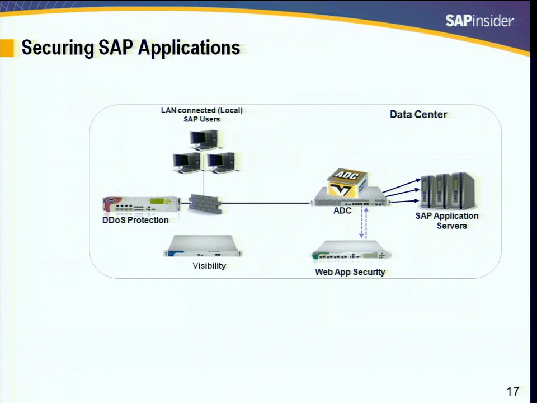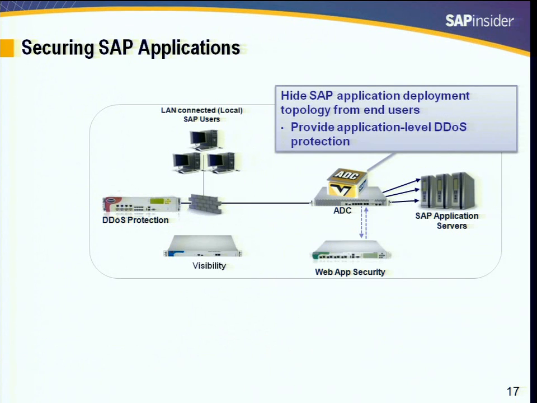Now, one of the areas that we also talked about was how you secure these applications. There are lots of different ways of attacking these applications as you web enable them. The first one is, what if I don't let external users know that it is an SAP application?